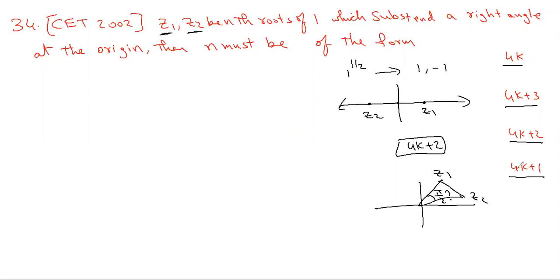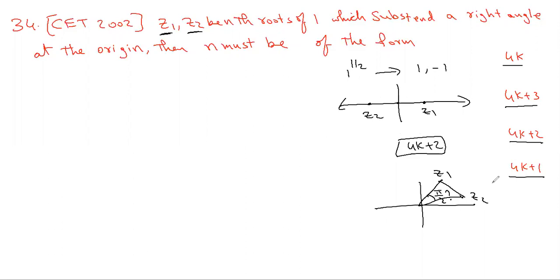So we can use the elimination method. For example, take k equal to 0, then you get 1, 2, 3, 0. I mean to say, 0 is in the form of 4k, but you can't take the 0.